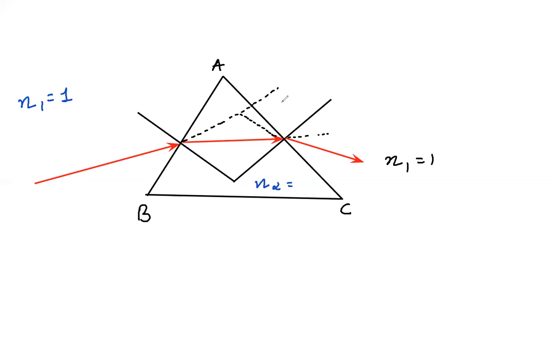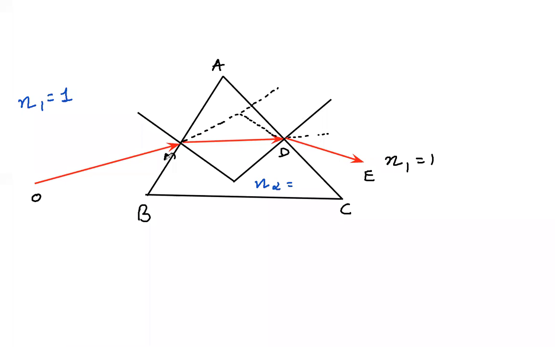Let's say I am naming it O, M, C, or you can say D, and this is my ray E. DE is my emergence ray. Emergence means coming out ray.